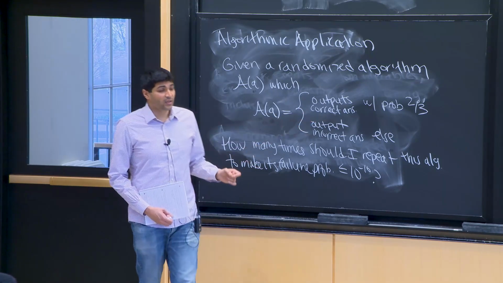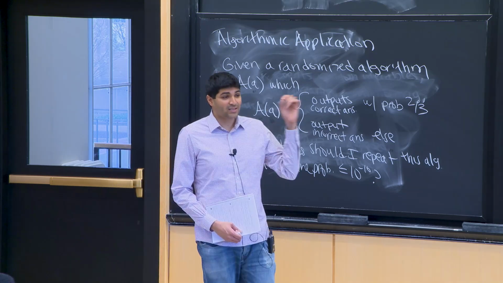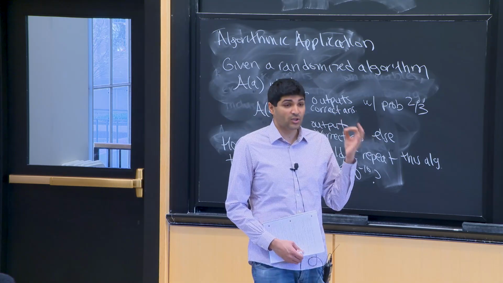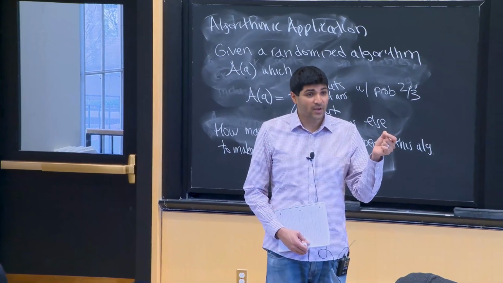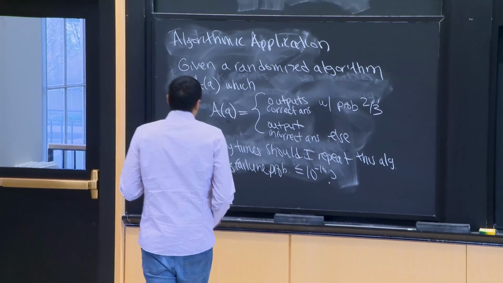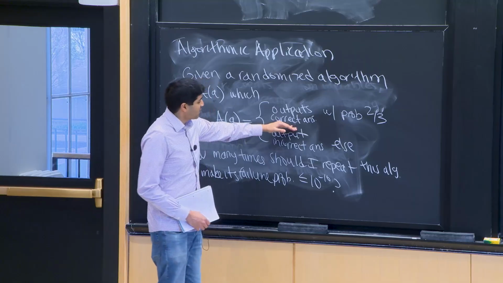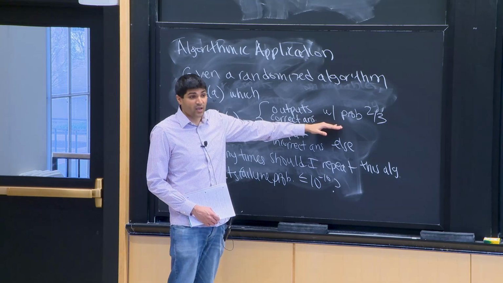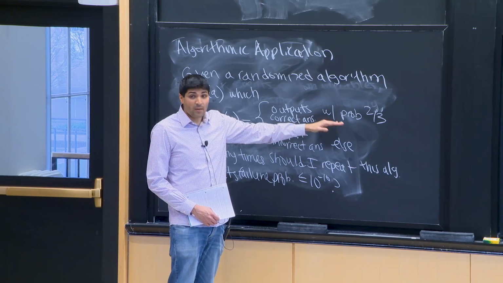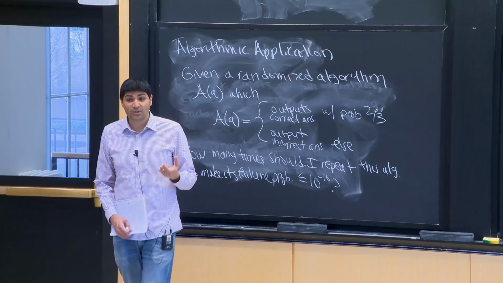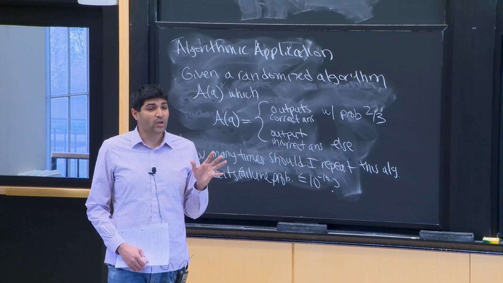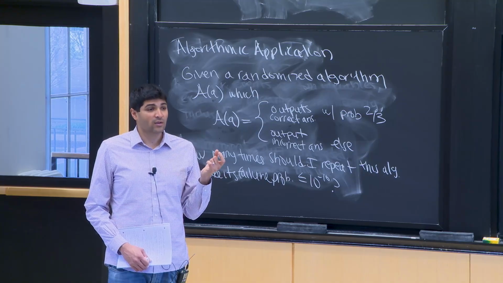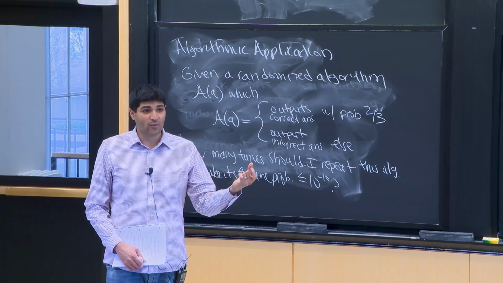And what I'm guaranteed is that as the number of repetitions goes to infinity, the average of the number of outputs that say it's prime is going to converge to 2/3 if it really is prime, and the number that say it's not prime is going to converge to 2/3 if it isn't. So this is the setting of the weak law of large numbers. I'm just voting with runs of my algorithm.